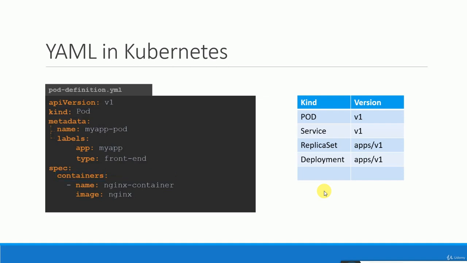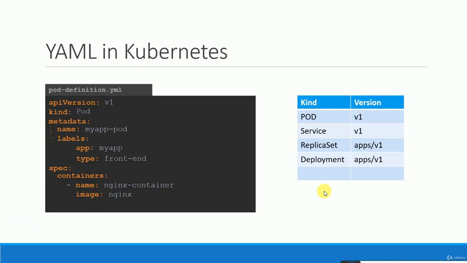The dash right before the name indicates that this is the first item in the list. The item in the list is a dictionary, so add a name and image property. The value for image is nginx, which is the name of the Docker image in the Docker repository.